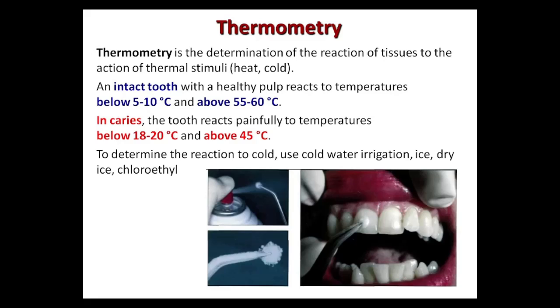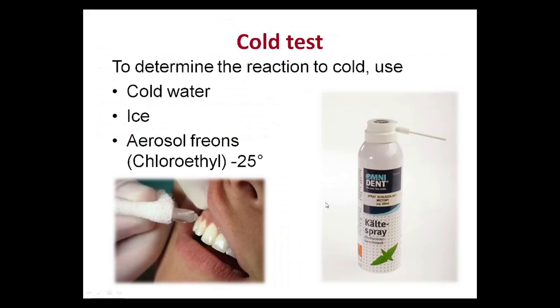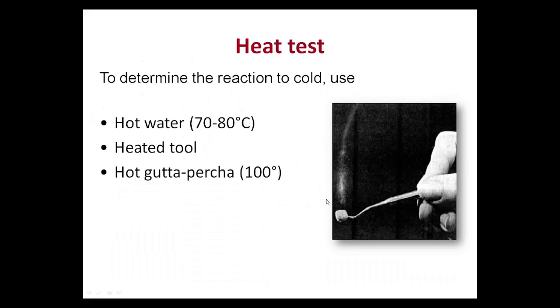So to determine the reaction to cold, we use cold water irrigation, ice, dry ice, chlorethyl. And to provide a cold test, for example, cold water, ice, aerosol, freons, you can see the cold test.